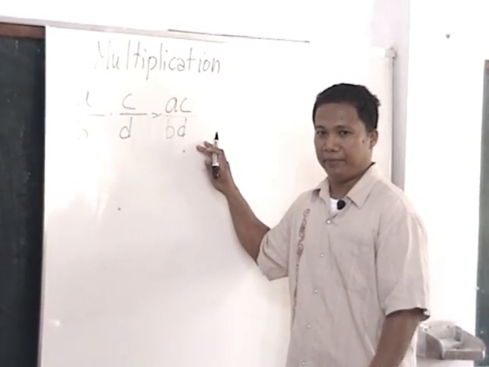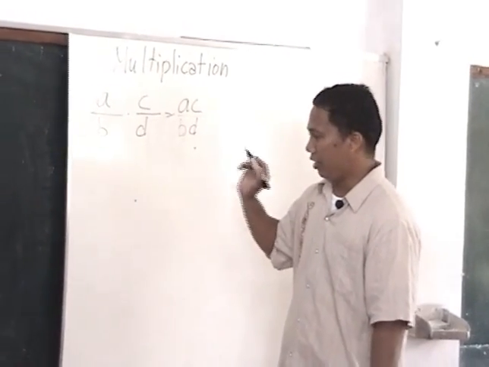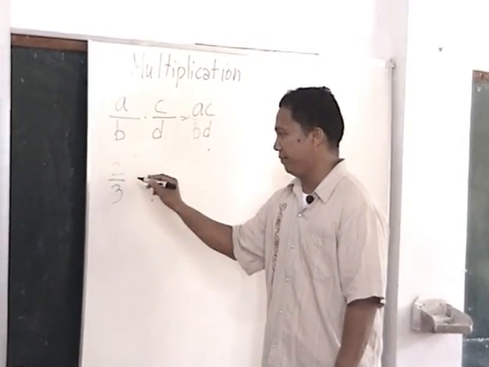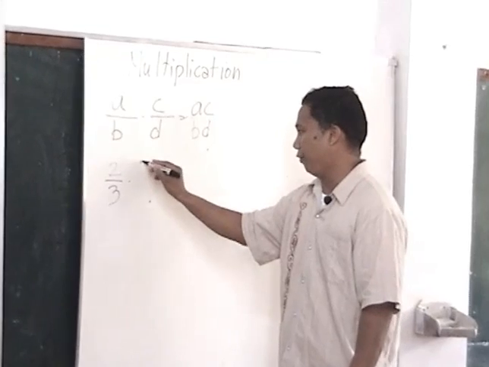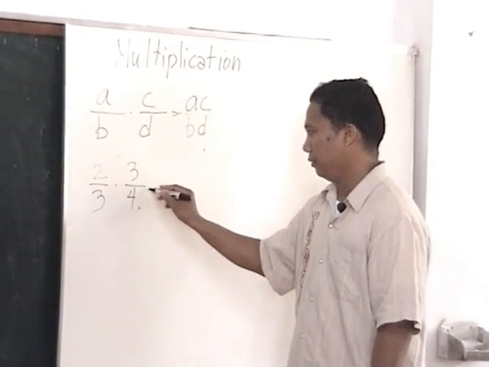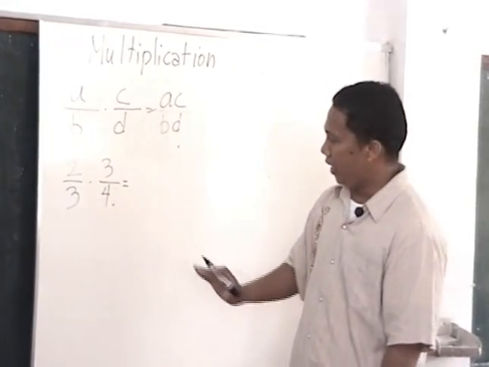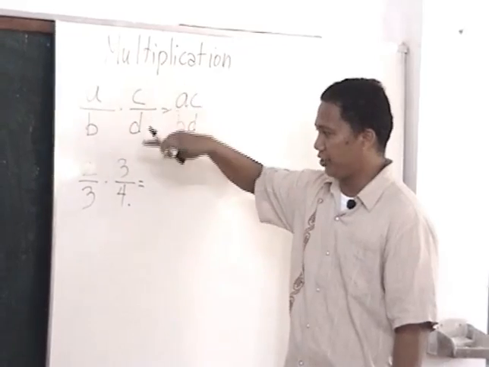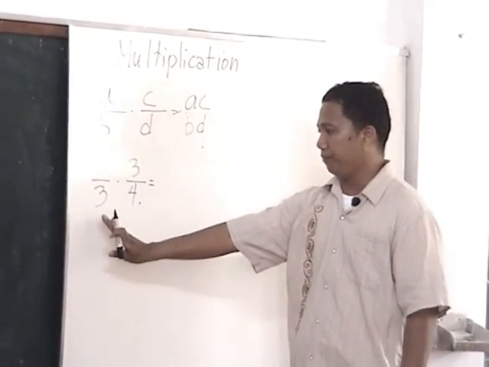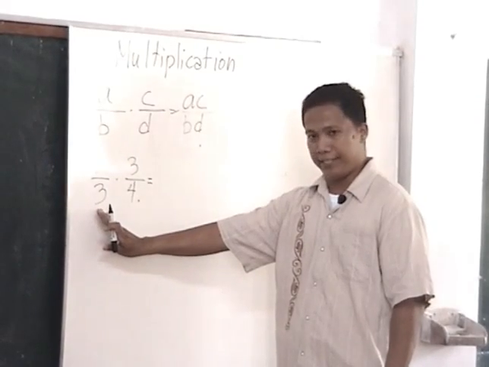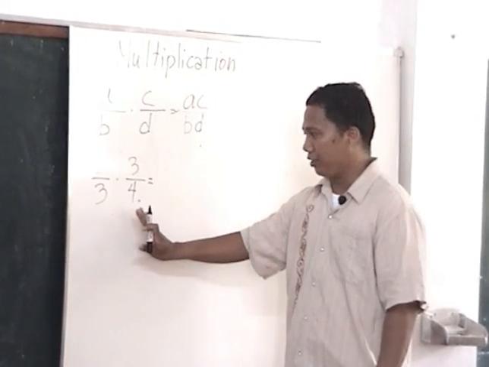Let us have a fraction. Say for example, we have 2/3 times 3/4. The numerators are 2 and 3, and the denominators are 3 and 4. The first fraction is 2/3. The second fraction is 3/4.